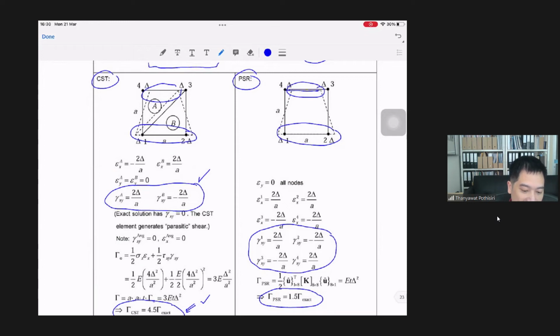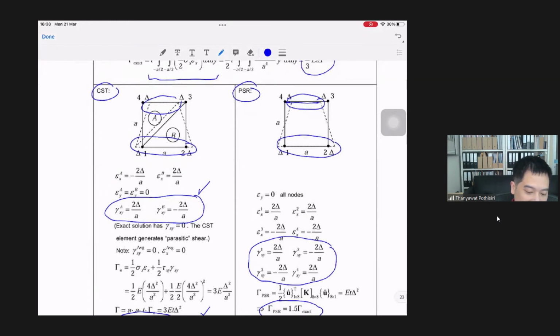Because of this, we sometimes call this parasitic shear. Parasite means it shouldn't be there, right? But it comes with the choice of the elements that you use.